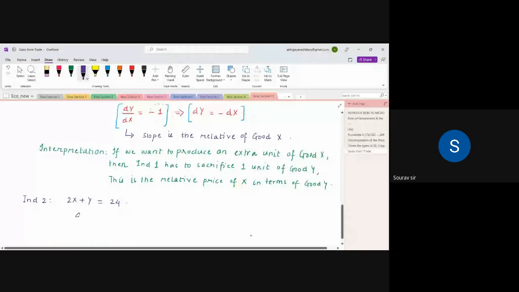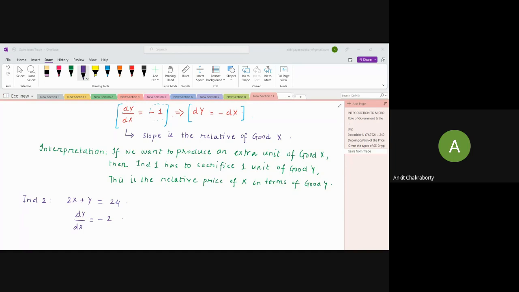So that means your dy by dx is coming out to be minus 2, right? How are we going to interpret this? Anyone? If we want to produce 1 unit of good x, we have to sacrifice 2 units of good y. Exactly. So the relative price of good x is 2 in terms of good y.